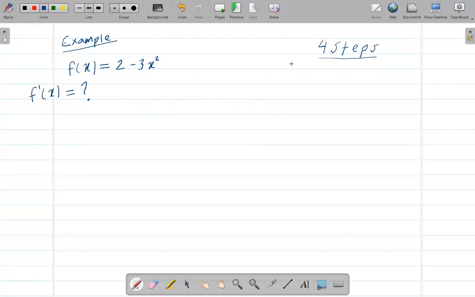The first one we need is f of x plus h. We know f of x is given, now I need to find f of x plus h. The second one is, once you find that, f of x plus h minus f of x.